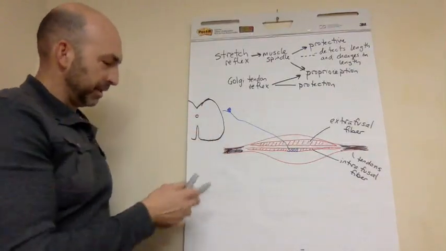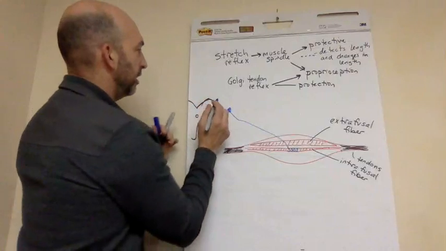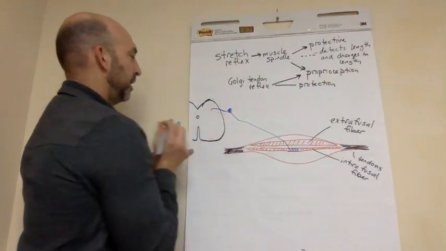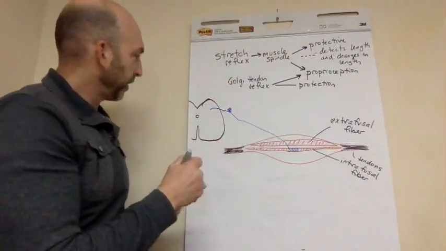Just trying to make it big enough so we can see what's happening. So this guy is going to come in through the dorsal root, right, because it's sensory.